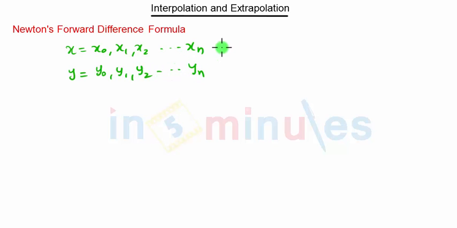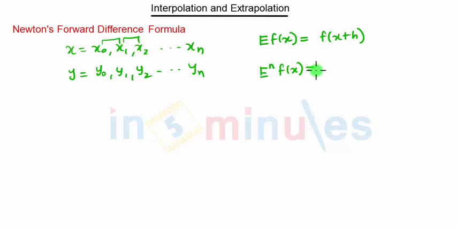We know that E of f of x is nothing but f of x plus h, where h is the interval between two terms of x. And we also know that E to the n of f of x is equal to f of x plus n times h.